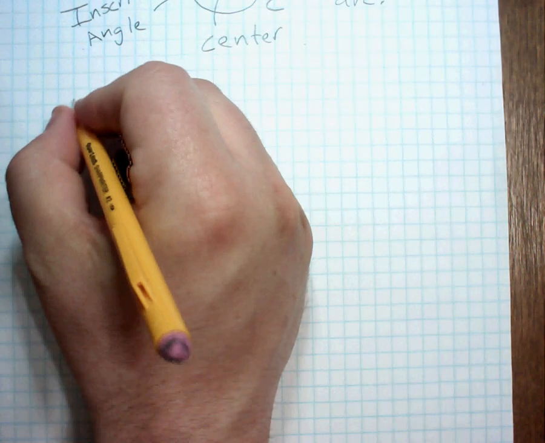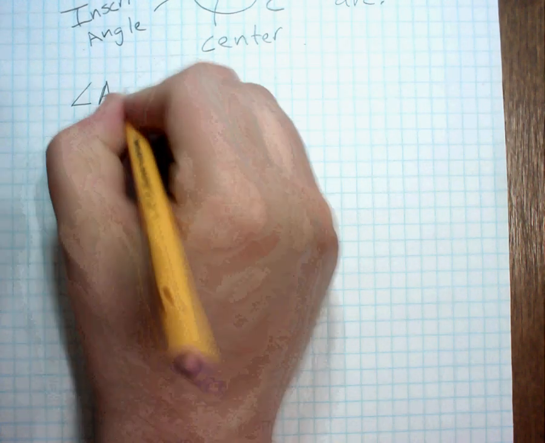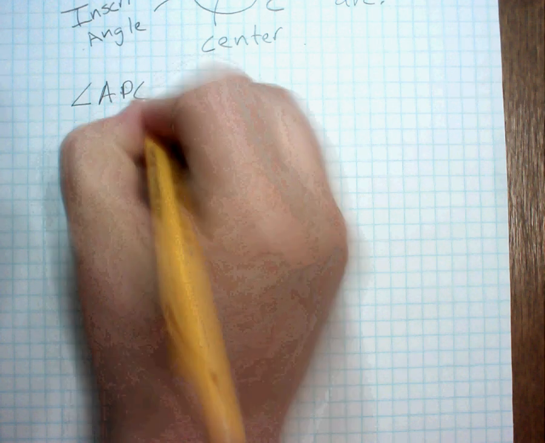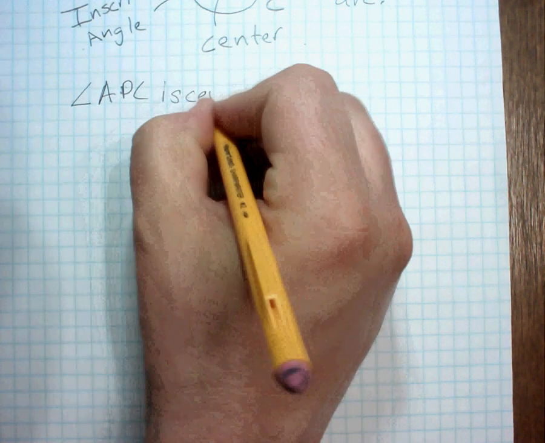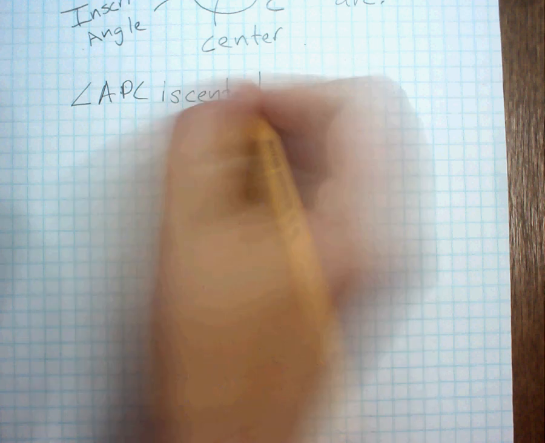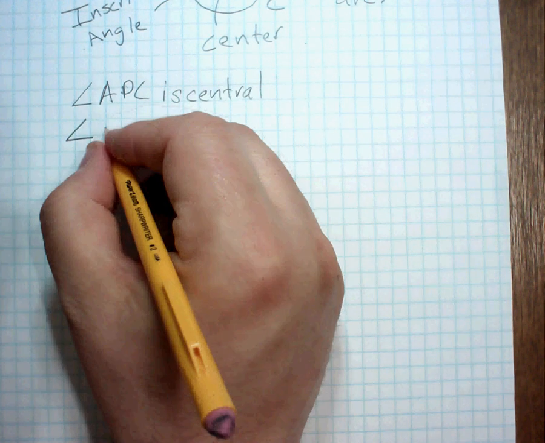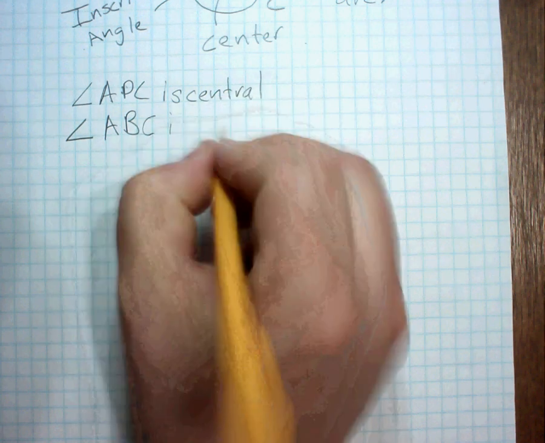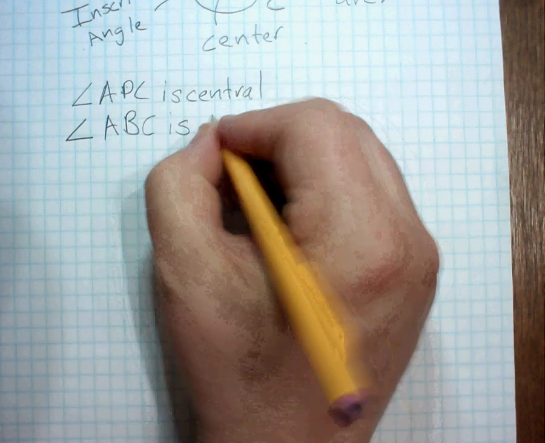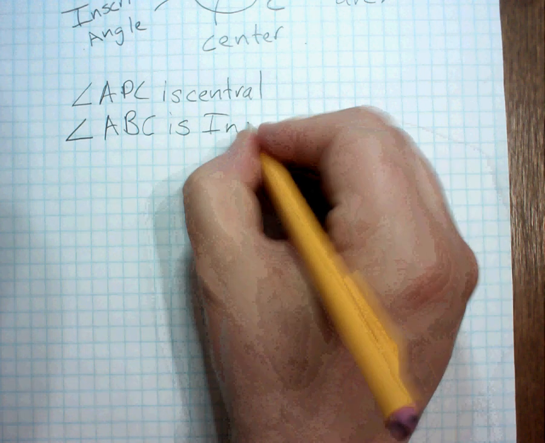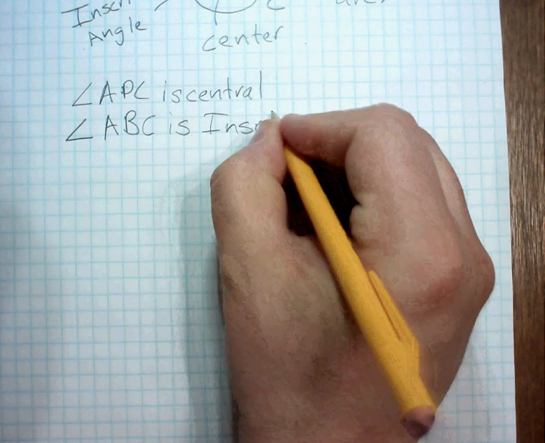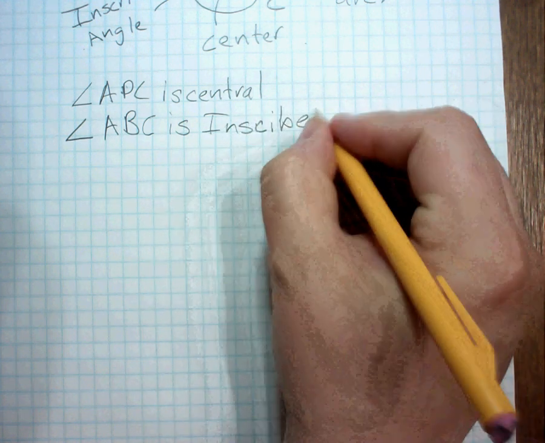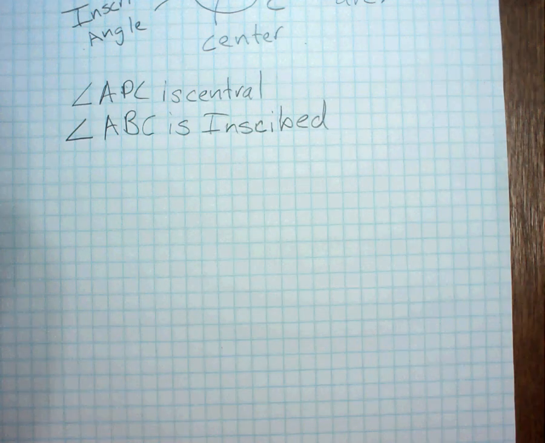So I would say that angle APC is the central angle. Angle ABC is inscribed. And then there is a relationship between the two.